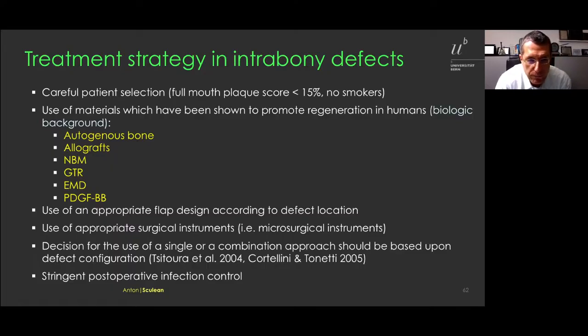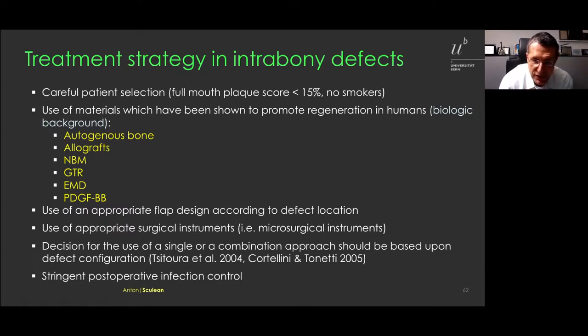So what we do is, first of all, to perform non-surgical periodontal treatment. Make sure that we decrease the infection. The patients clean very well, full-mouth plaque scores 20%, 15%.